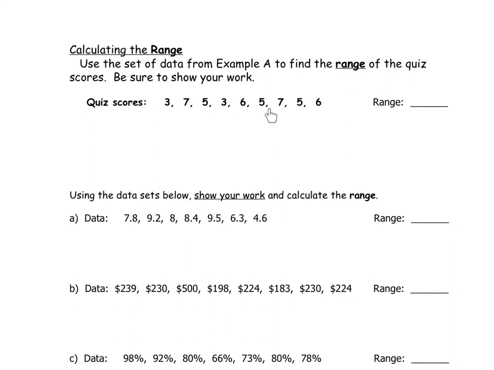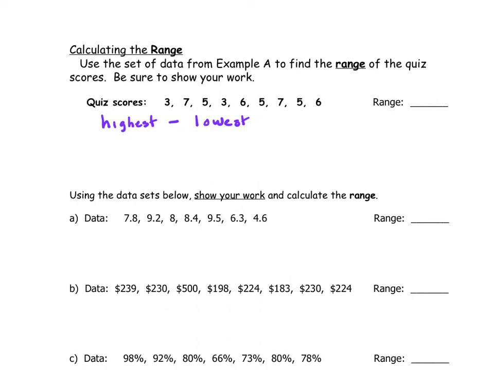So these are the same quiz scores you saw on the front, and it says be sure to show your work. So when we find the range, let's recall that we just said that I have to take the highest value, and then we're going to subtract the lowest value.